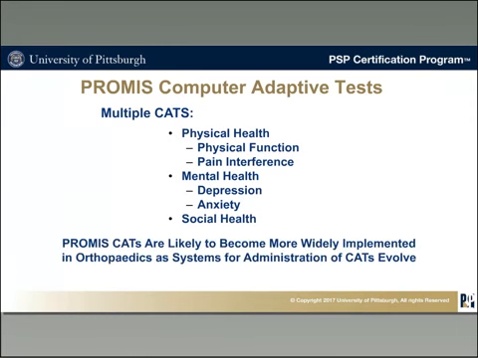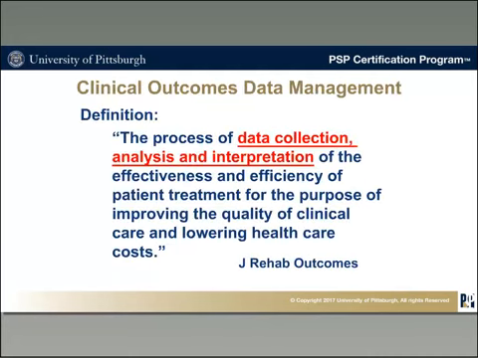And these PROMIS computer adaptive tests are likely to become more widely implemented and used in orthopedics as systems to administer these computer adaptive tests evolve. That is, they start to become integrated within the electronic medical record.